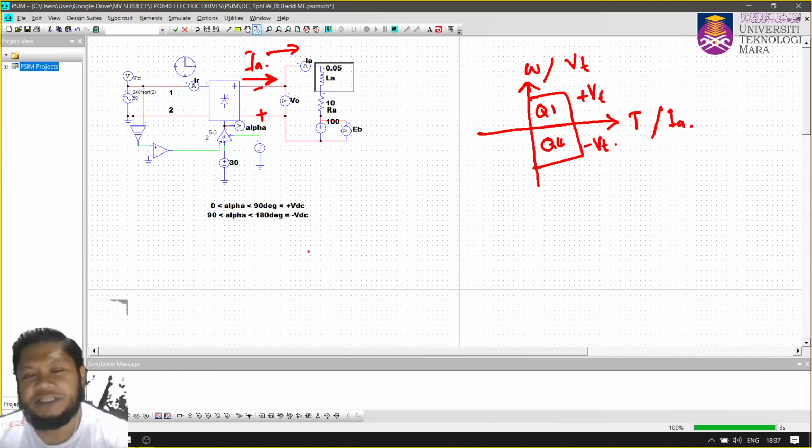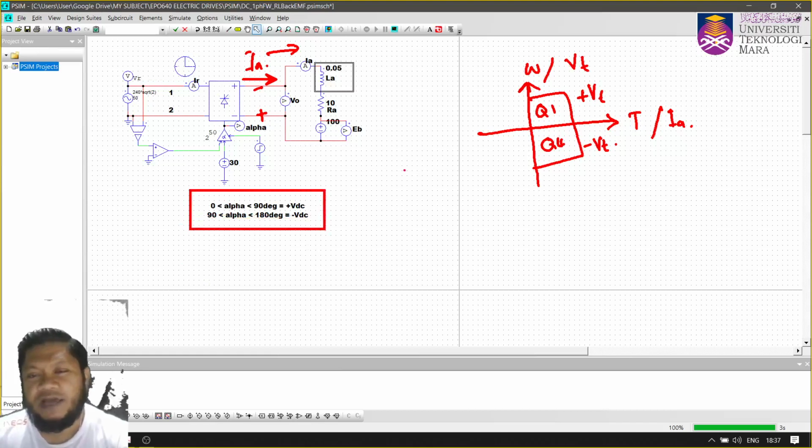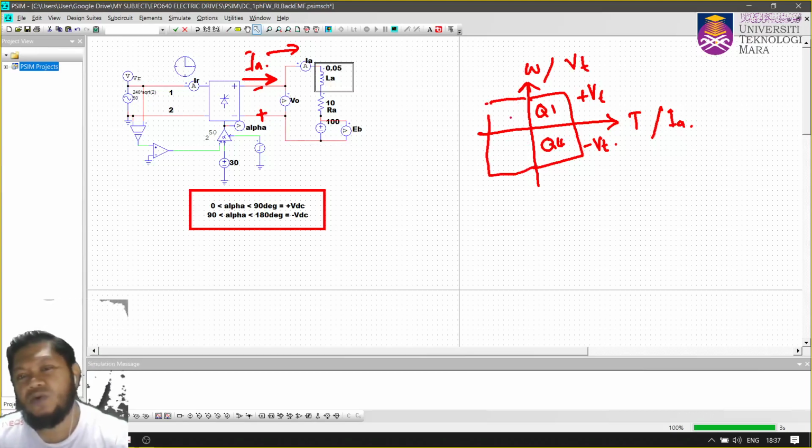By changing the value of alpha, you can have two-quadrant operation, Q1 and Q4. So how are we going to improve that so the motor can operate in all quadrants, Q1, Q2, Q3, Q4?